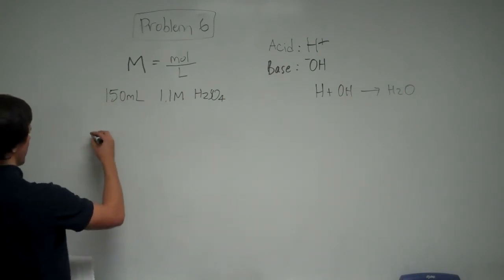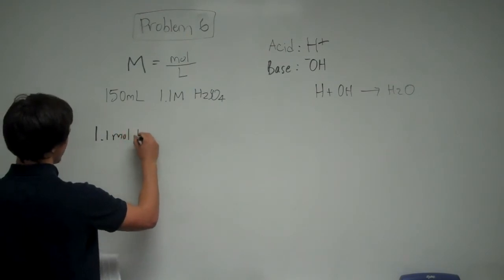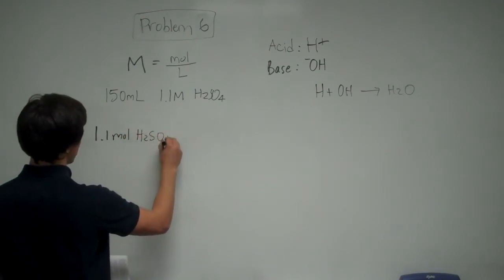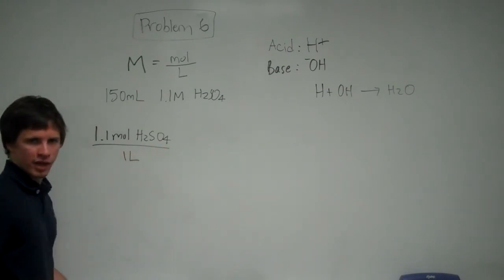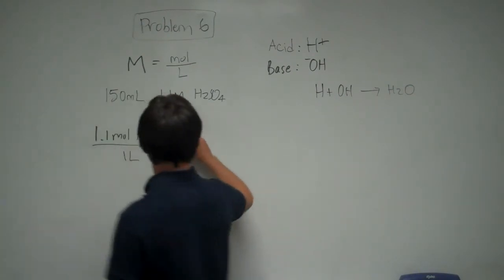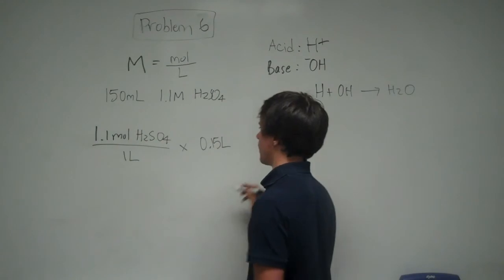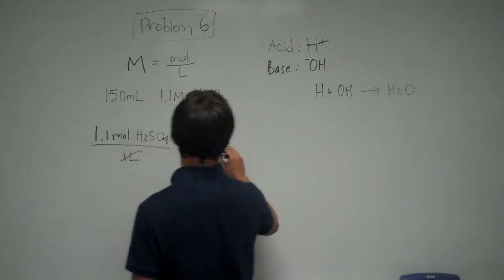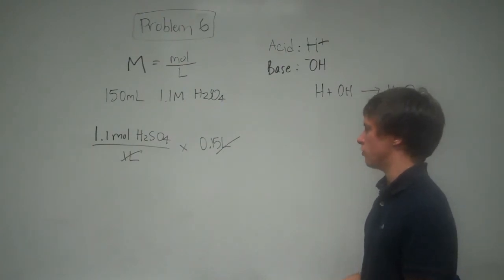Well, that means that we have 1.1 moles of H2SO4 per 1 liter. But we don't have a full liter of it. That's what they said in the problem. We have 150 milliliters of it, which is 0.15 liters. So what's going to happen here is the liters are going to cancel out, and you're going to be left with a certain number of moles of H2SO4.